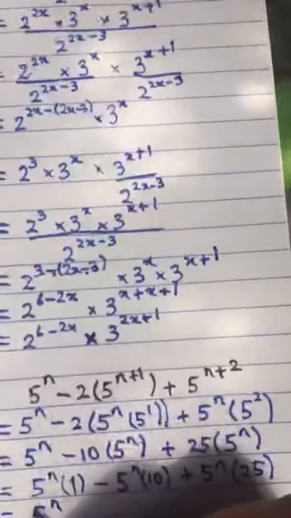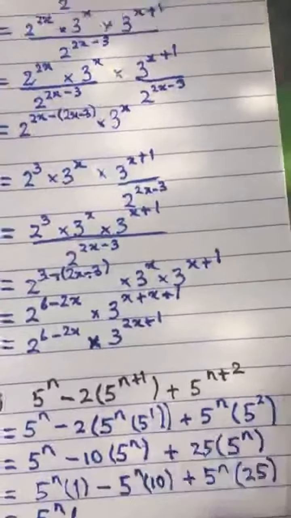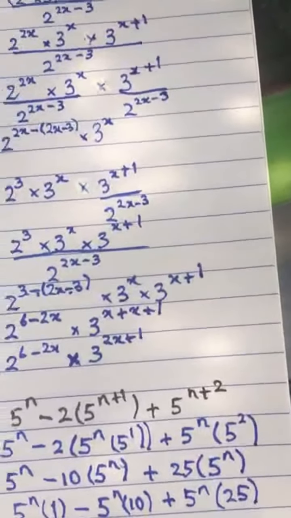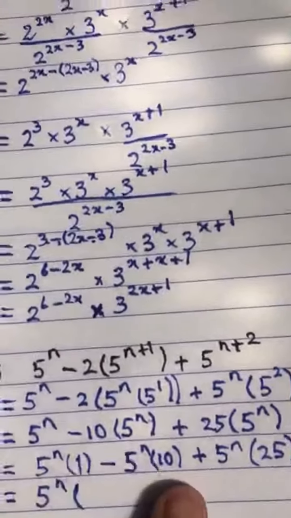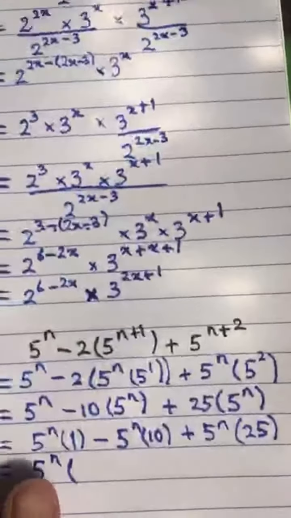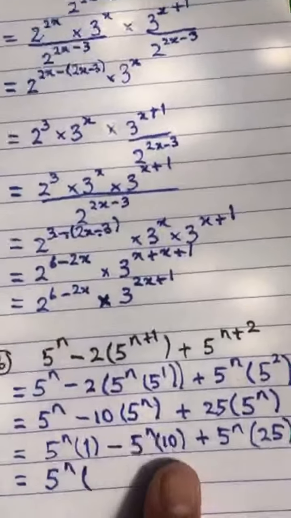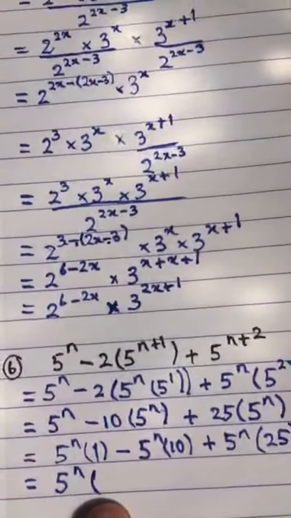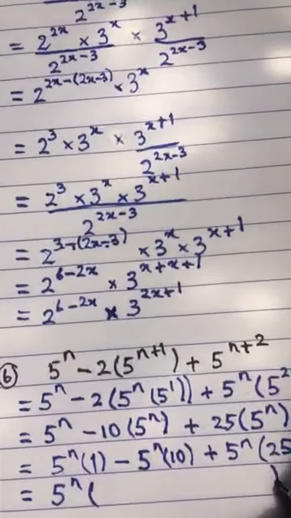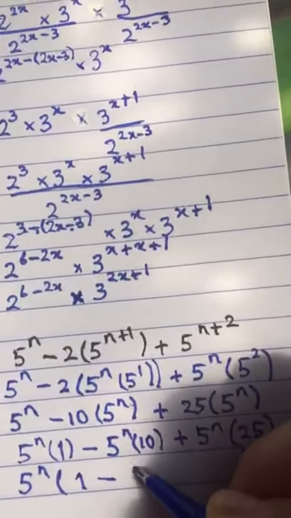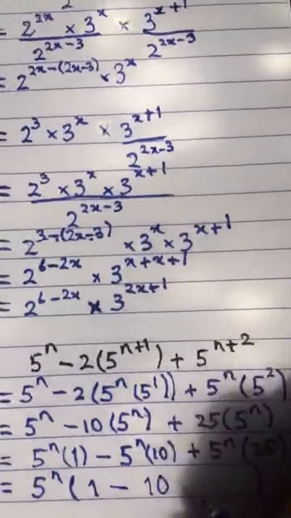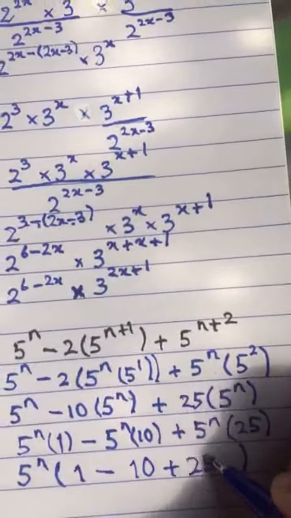So you have 5 power n, 5 power n, 5 power n, but the numbers are different. You have 1 there, 10 and 25. So when you put a big bracket, you're going to pull out the numbers only. So you're going to have 1 and then minus 10 and then plus 25.